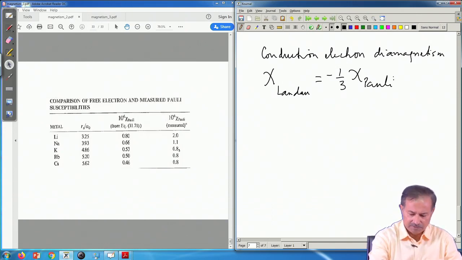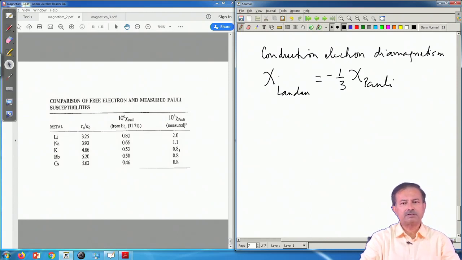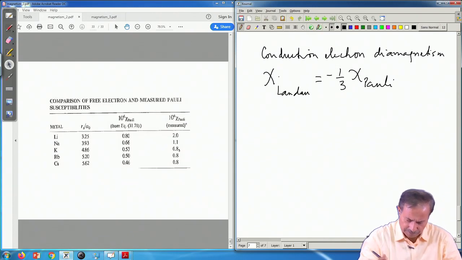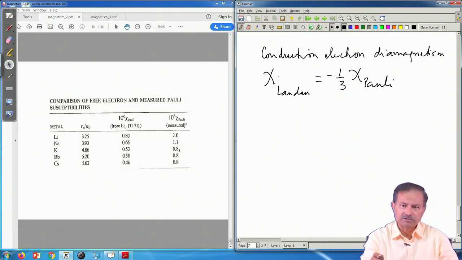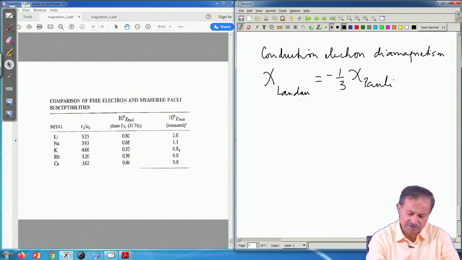So, this will have to be also accounted for, and the theory Landau actually calculated, but remember this is significant. We had already noticed such effects when we did the integer quantum Hall effect, where you had these levels which are quantized, right.